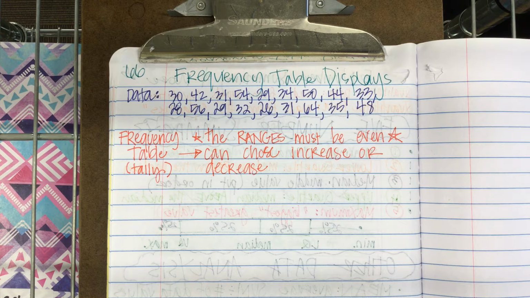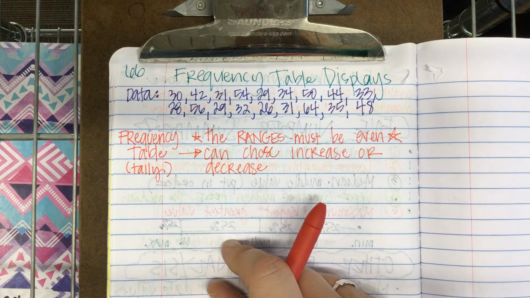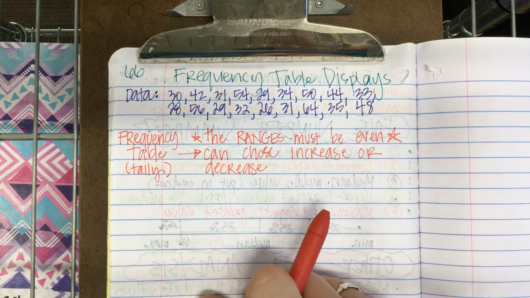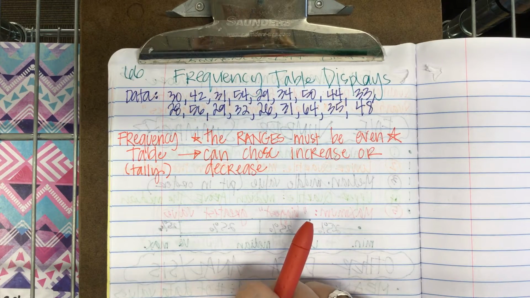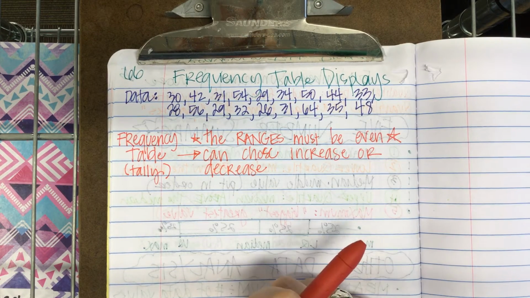So my range goes by tens, but I start at the high end and go to the low end. So I decrease. You can choose to start at 0 and increase, or you don't have to start at 0. You could start at 30 and increase.